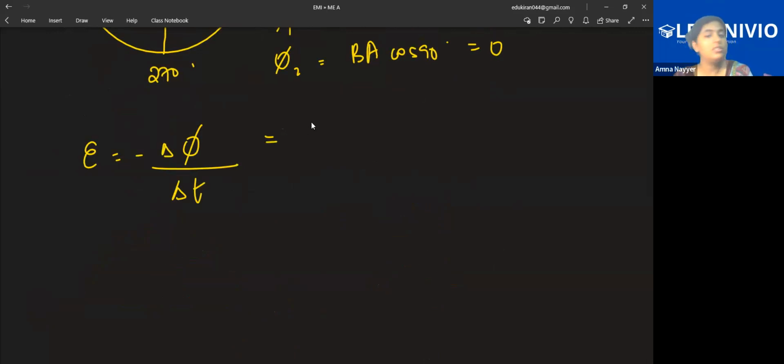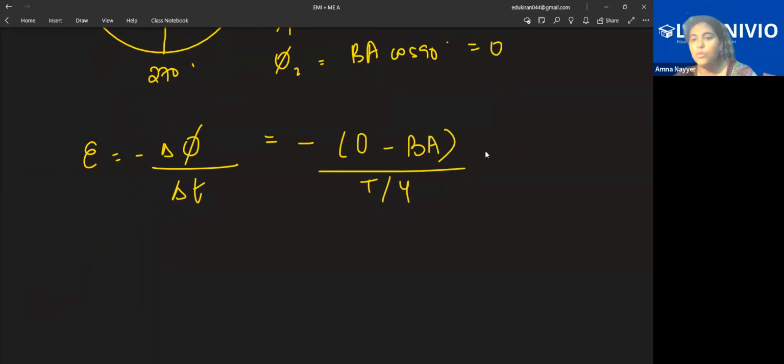Final minus initial flux. Already this minus sign is there. Now what is the final flux? 0, correct. Minus, what is the initial flux? BA. BA divided by time period, which is T by 4. So this 4 will go up. Final answer is 4BA divided by T.